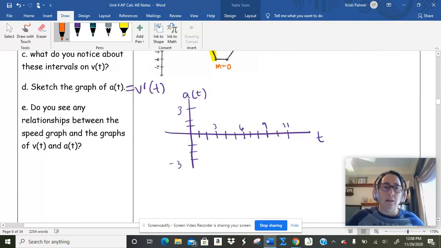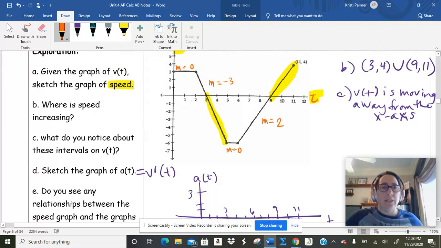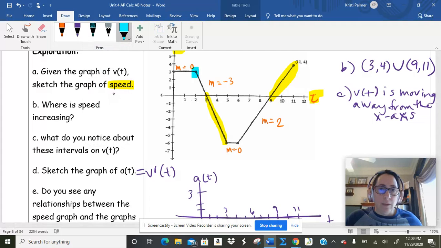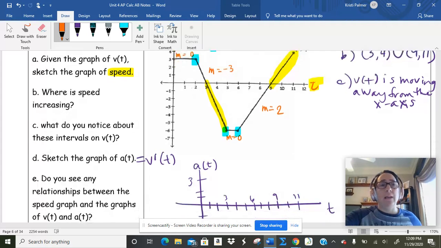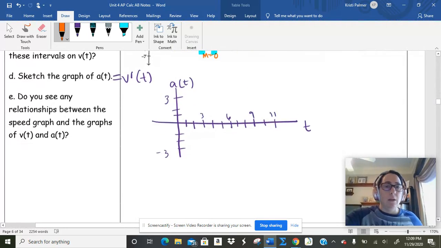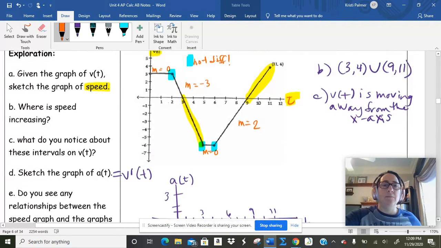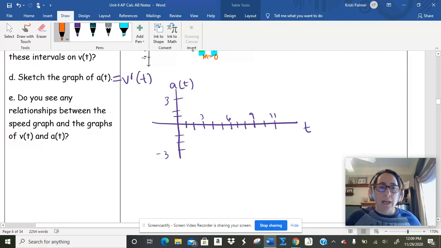Remember that at those edges, here, here, here, we are not differentiable, so we're going to have open circles on the a of t. From time 0 to 2, I am at 0.